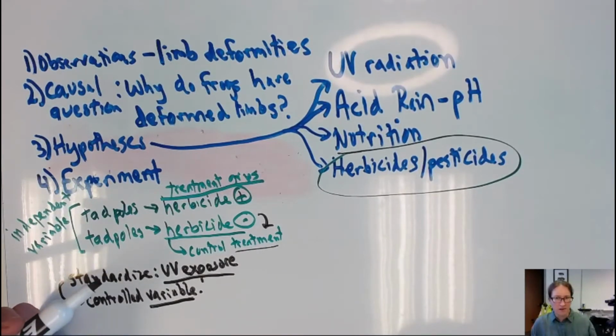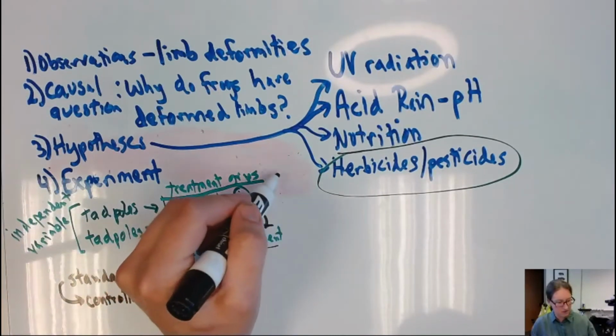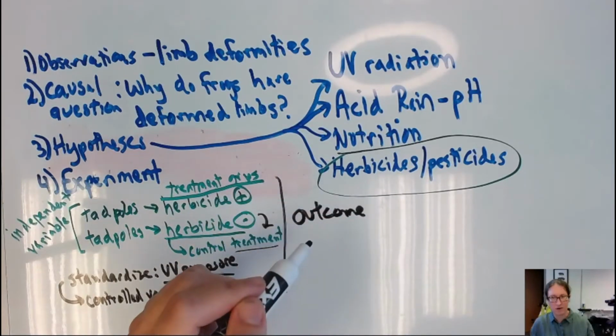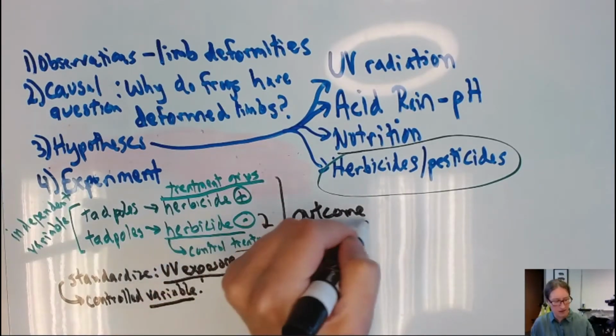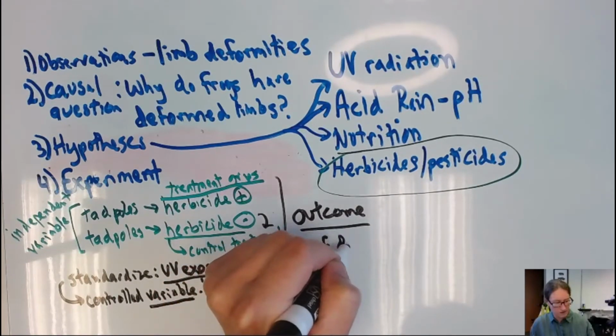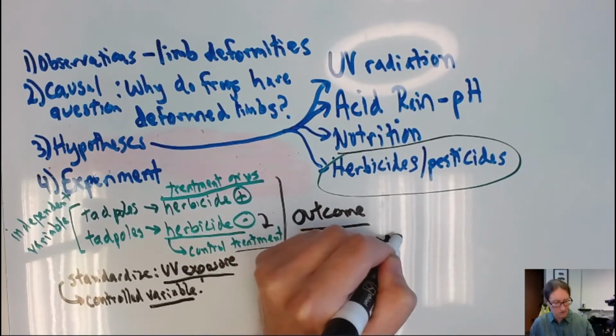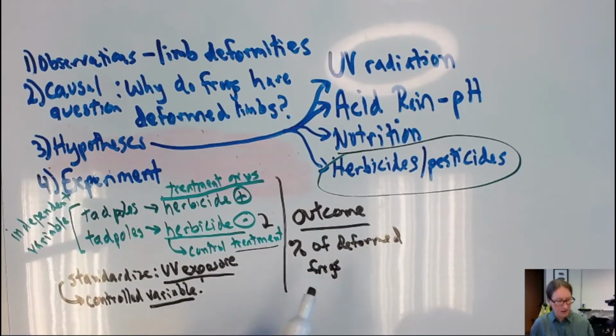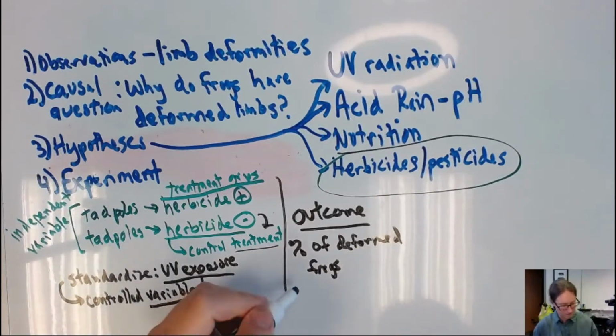Okay, so then the third component is the outcome that I'm interested in from the experiment. In this case, we could call that something like the percent of deformed frogs. So that outcome is a third type of variable. In this case, that third type is our dependent variable.